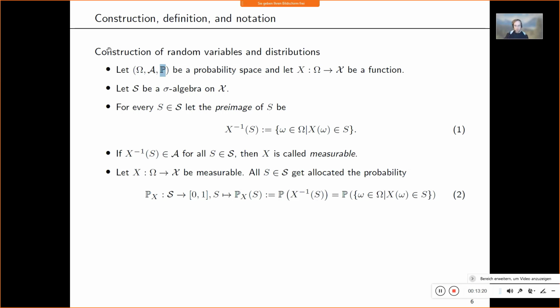And this already has been defined with the definition of this probability space, and it's just expressed here in two ways.